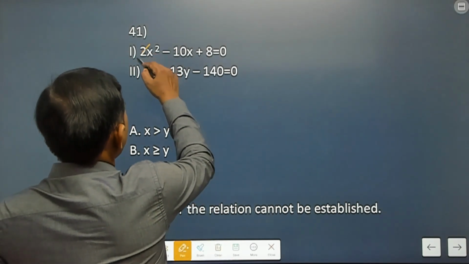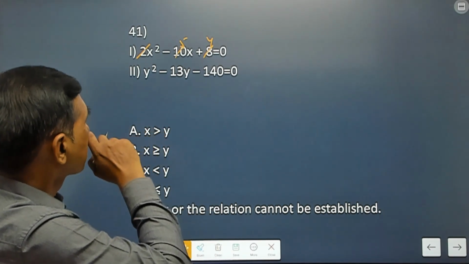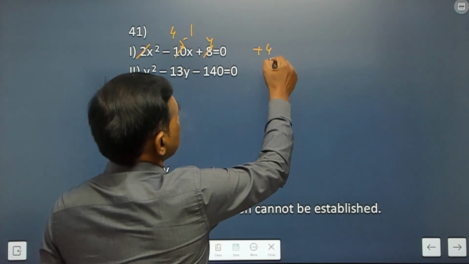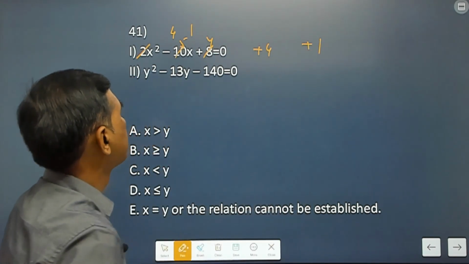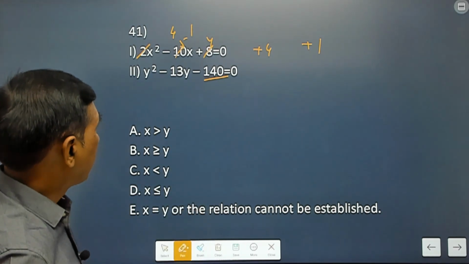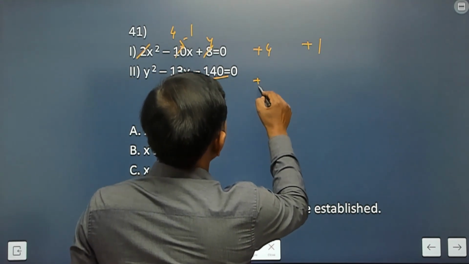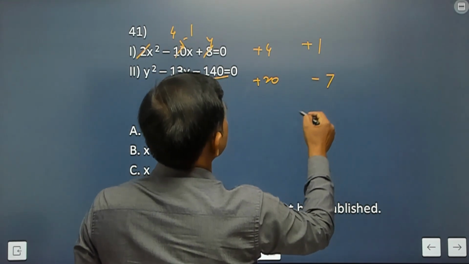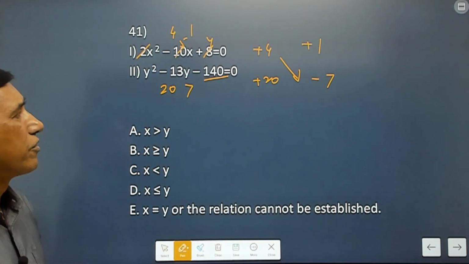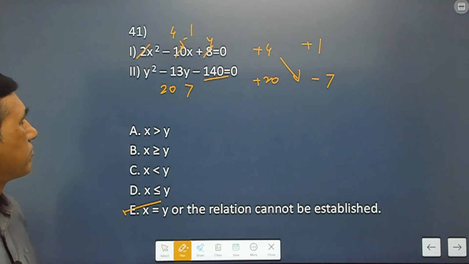Minus plus, we can simply cut it, 5 and 4. So it will give you 4 and 1 only. So plus 4, plus 1. Here, 7 is prime, so 20 and 7, plus 20, minus 7. Since it is in between, the relationship can't be established. Correct?